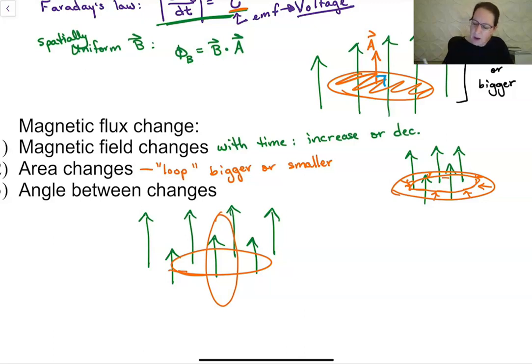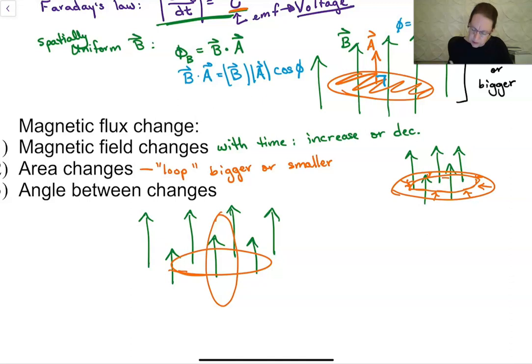So here I have B is pointing up, A is pointing up, so the angle between them, the dot product, B dot A, is equal to the magnitude of B times the size of A times the cosine of the angle between them. In this case, the angle between them is 0 and cosine of 0 is 1.